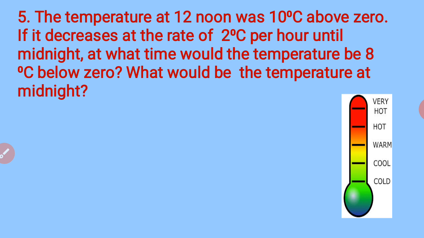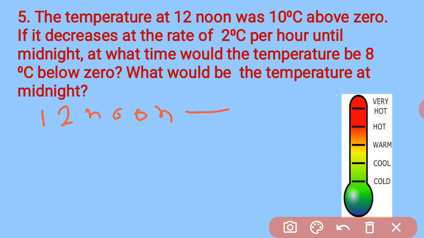Now let's try to understand the example a little bit more, then we'll come to the solving part. Here 12 noon, it is 10 degrees Celsius.